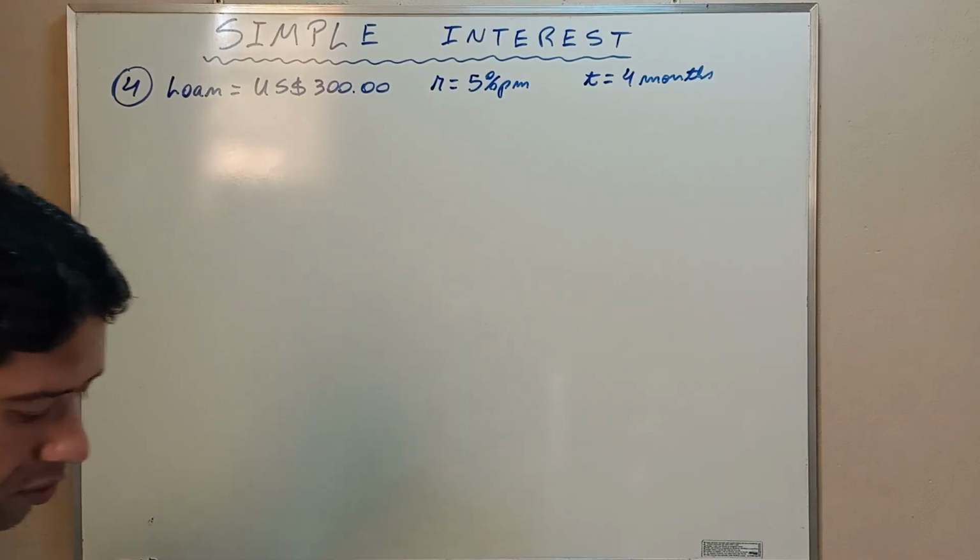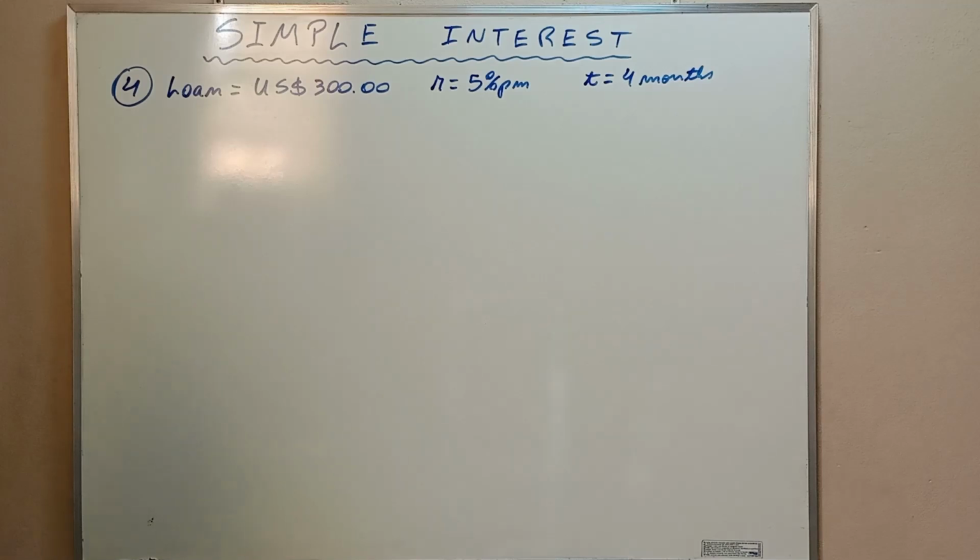A monthly interest rate. And Oliver repaid the entire debt, including the interest, after 4 months. All right? So using the simple interest method, we are going to calculate the interest paid, the interest in dollars.